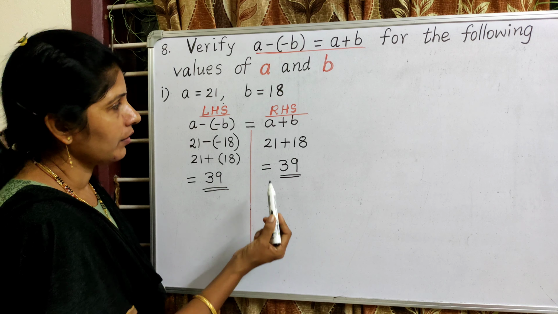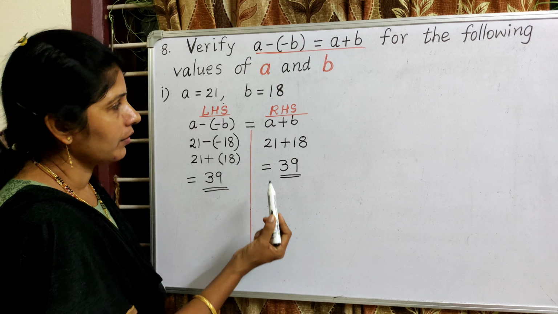So therefore A minus B is equal to A plus B. Here we verified that A minus minus B is equal to A plus B.